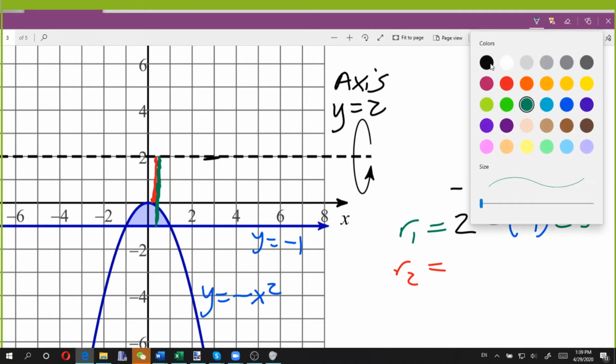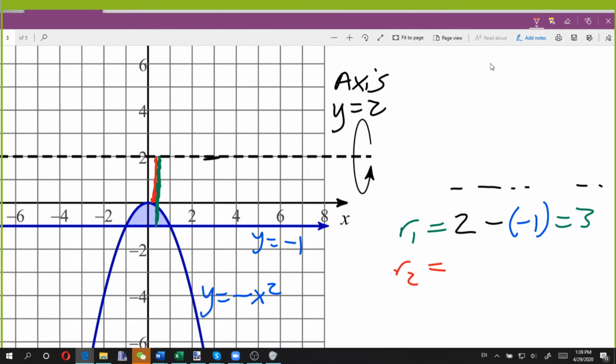Okay, our red line does change though. Our red line goes from the black line to the topmost blue function. So what should that be? 2 minus -x squared. Okay, which is the same thing as 2 plus x squared. Okay, so I'm going to use those to create disks that will end up looking like this.